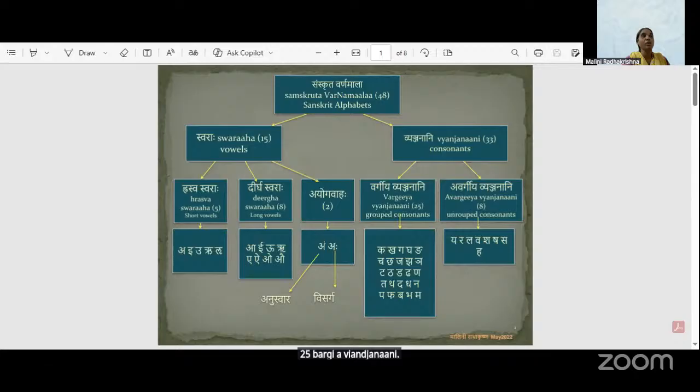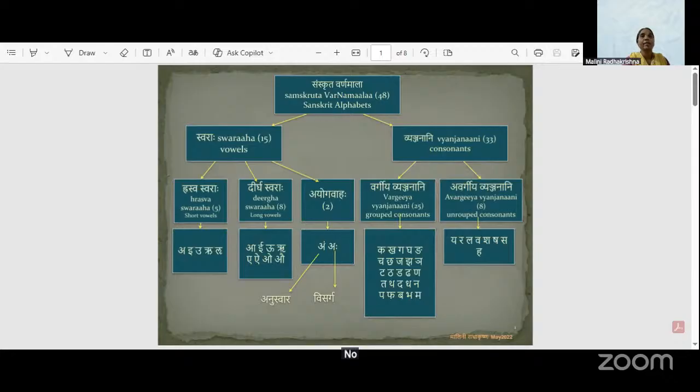We saw what all those letters are earlier. Ka, kha, ga, gha, nga constitutes ka varga. Cha, chha, ja, jha, nya constitutes cha varga. Ta, tha, da, dha, na becomes ta varga, and then in the next ta varga we see ta, tha, da, dha, na.